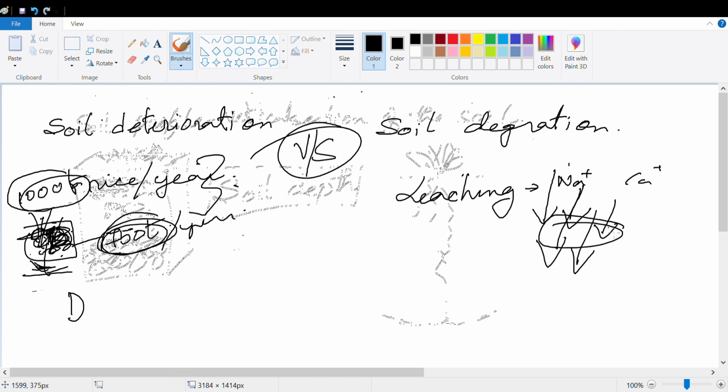So if this sodium goes under the surface, then this sodium ion will be replaced by the hydrogen ion. So that is called soil degradation.